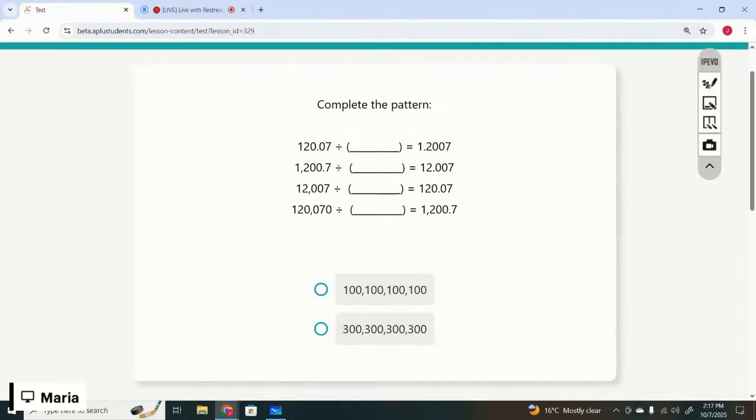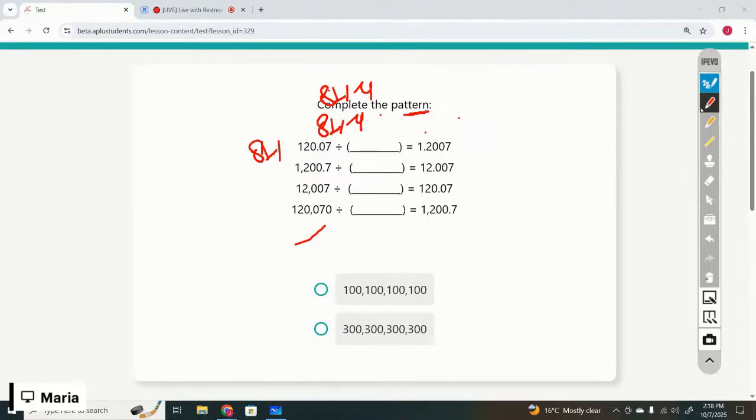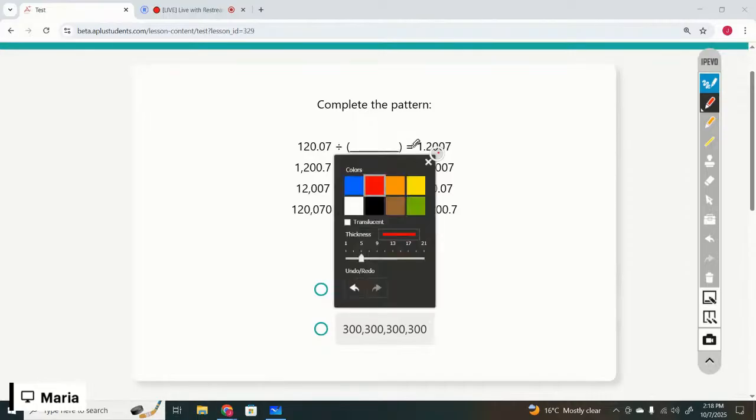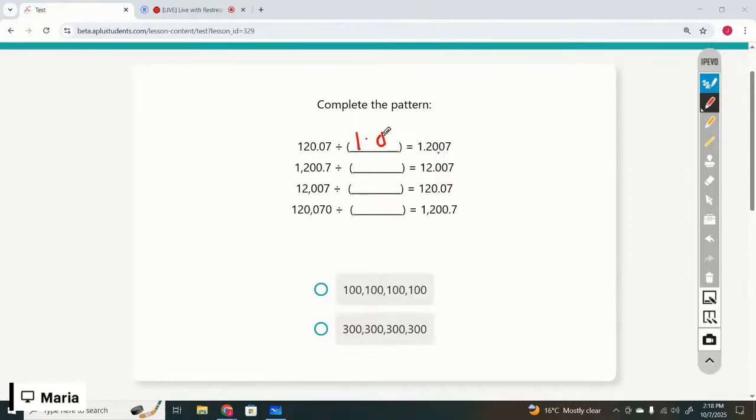Okay, 120.07. So just look at the movement of the decimal point. So the decimal point would be here. So it is moved two places left. That means it is dividing by 100.